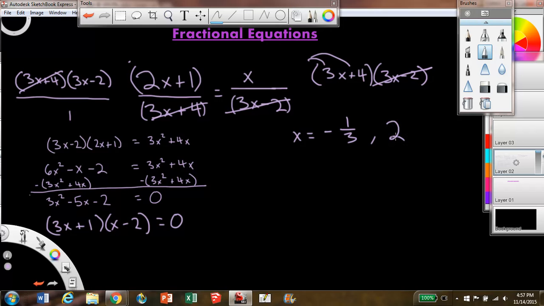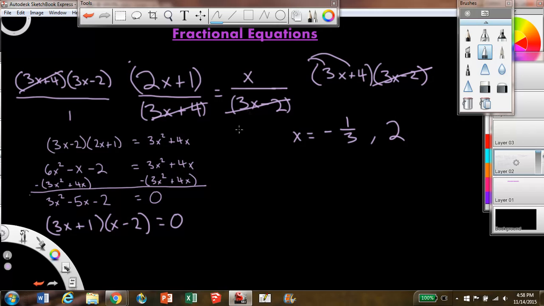Okay? So what we have to do now, this is what makes fractional equations special. First of all, going through all these steps, we haven't really had to do that much work for an equation before. But the next step is to check, to plug these back into the original equation. And the reason why is because we can't have zeros in the denominator of our original equation.